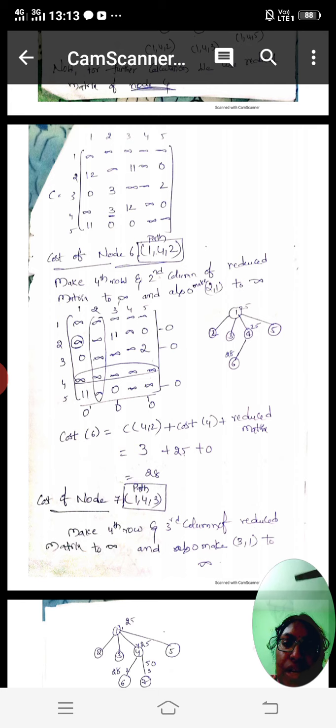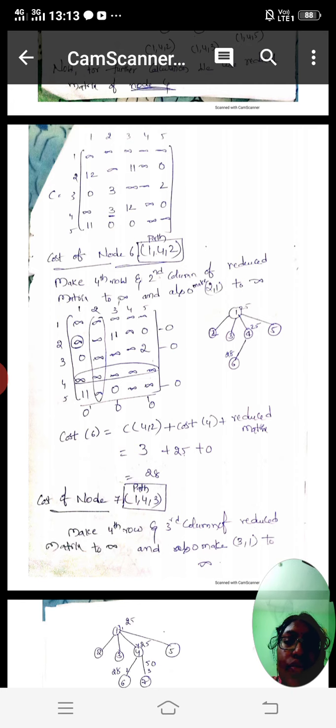Now we have to calculate row minimization and column minimization; it is zeros. The cost of node 6 is equal to cost of 4,2 plus cost of 4 plus the reduced cost matrix.